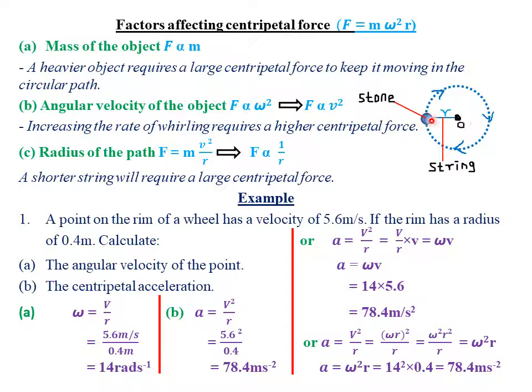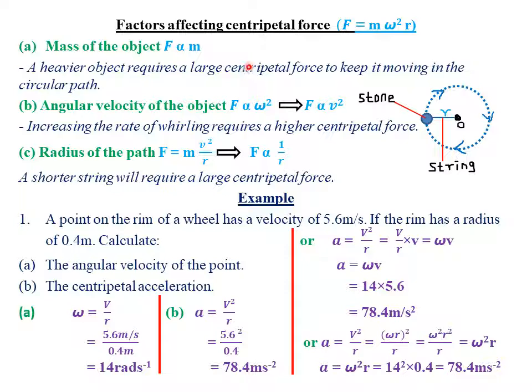So consider this particular stone, which is being rotated by this particular string about this particular point O. So if the stone is being rotated in this particular direction, obviously if you use a much heavier stone, you would require a very large force in order for you to maintain it rotating in that particular circular path. And of course, if the stone has a very small mass, you'll just need a very small force within your hand in order to whirl or to rotate this particular object in the circular path.